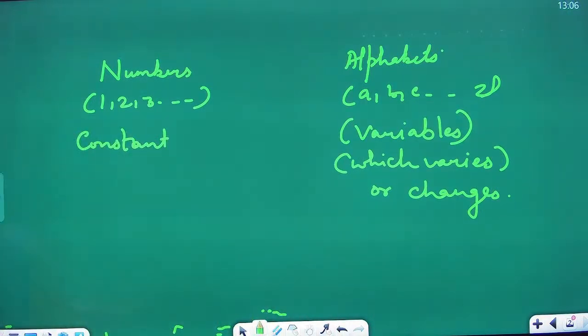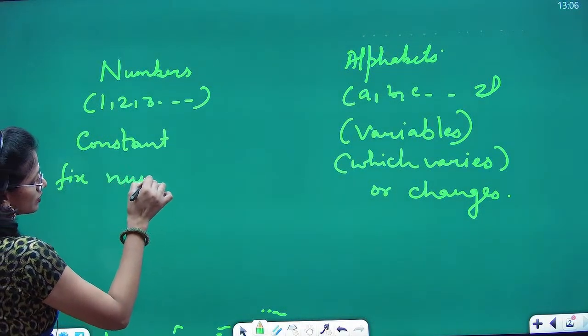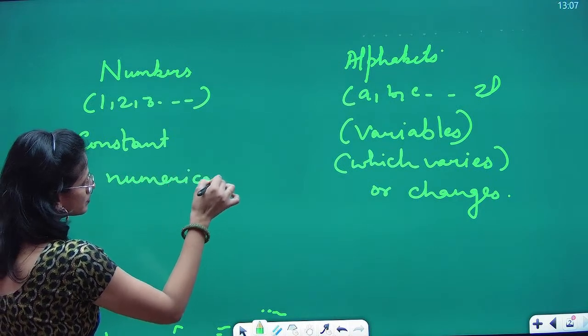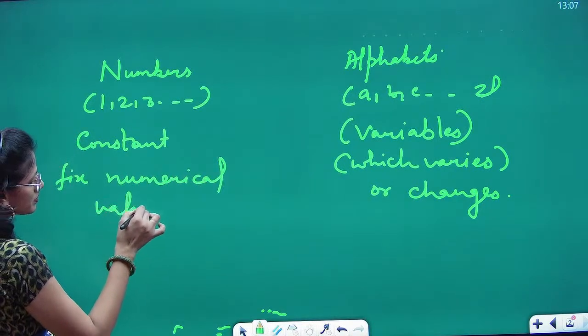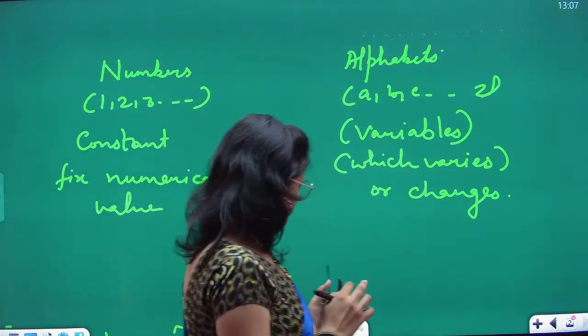It means the value of the variable changes. Constant means a fixed numerical value. Is this clear?